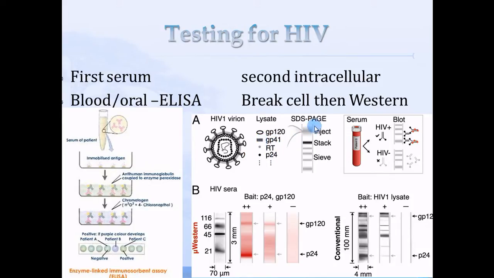Then they put it in an agarose gel and they run it. By its electrical current, it'll separate by size. You can see like the GP120s will go here, the GP41s, the reverse transcriptase, and so on. So they know this is what HIV looks like on this blot. All these lines separate. They'll run your samples, and if they see that the samples look just the same, then they know that you have HIV in your body.